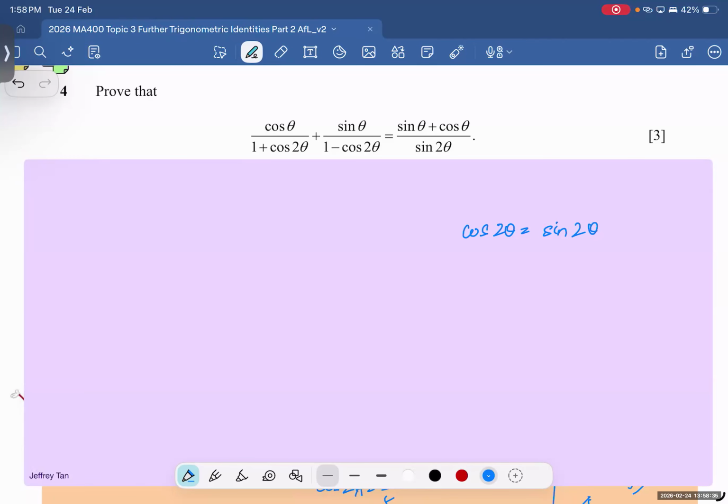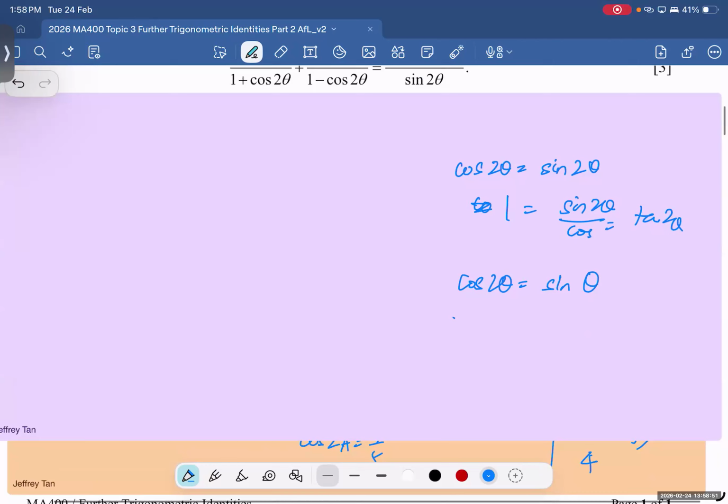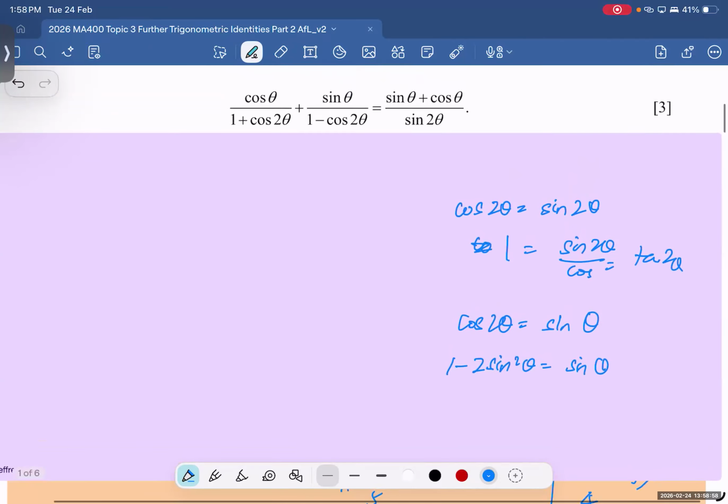No. I can just do this one: this is just 1 over sin 2 theta, cos 2 theta, to be that tangent. But if I have cos 2 theta equals sin theta, do I use double angle? Yes, you use double angle. You can change this to 1 minus 2 sine squared to solve a trigo equation. So what am I trying to say? When there's a mixture, it's a good chance to use double angle. But if both angles are the same, you don't have to.